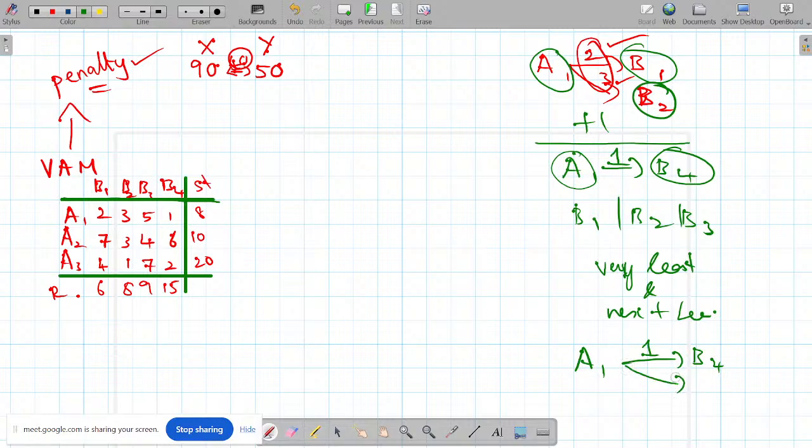What is the next least value? Sending from A1 to B1 is 2 rupees. Find the lowest value, 1, find the next least value, 2, and subtract: 1. You will write this as the difference, 1 over here. This you have to do for all the depots and all the units.